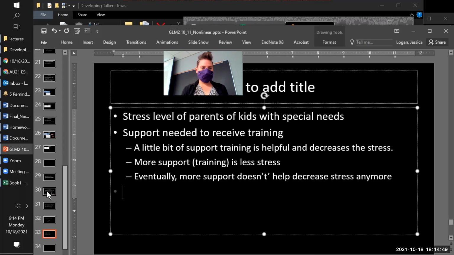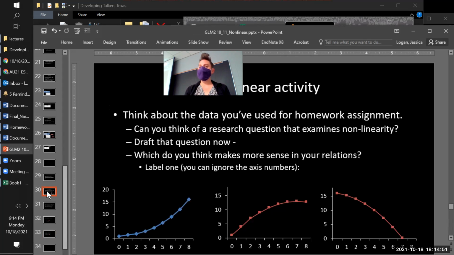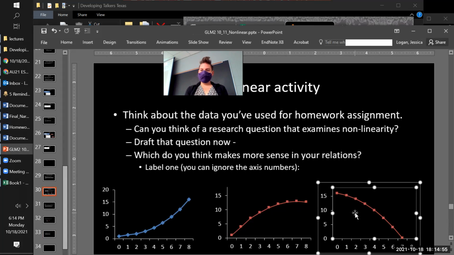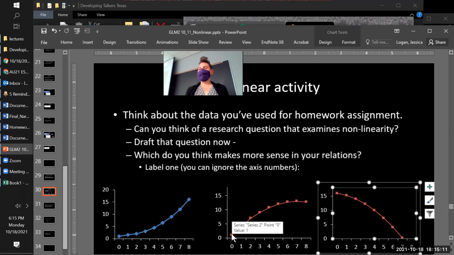Okay, so does one of these fit that? Maybe the third one? This one? Yeah. This looks to me like it's helping a little bit, and then it's helping a lot. So it's kind of like this, but upside down. Because if it's decreasing stress, then it should go just like this, but the opposite.